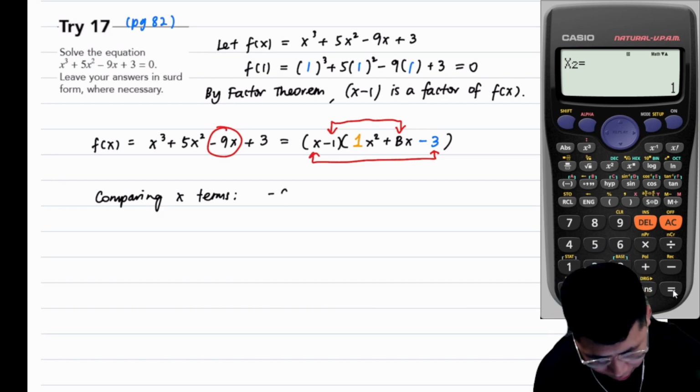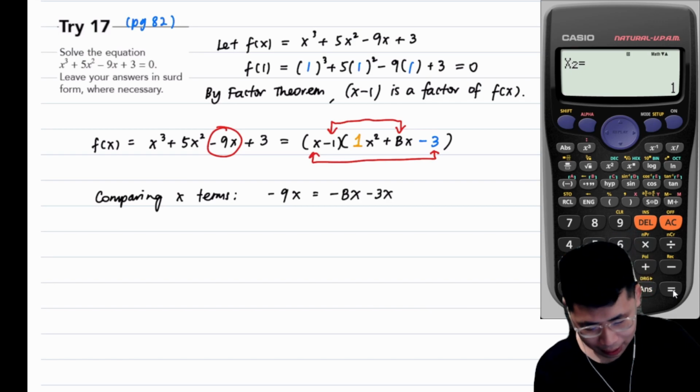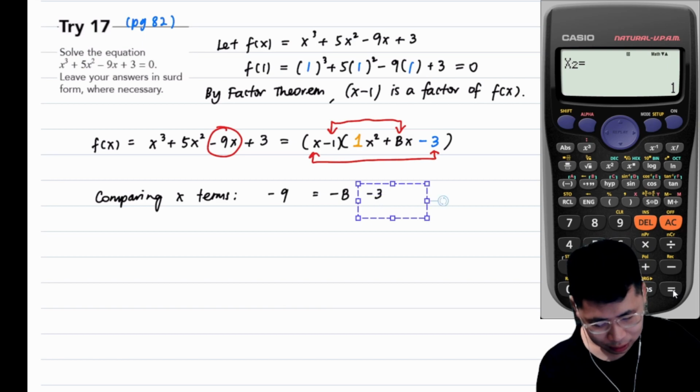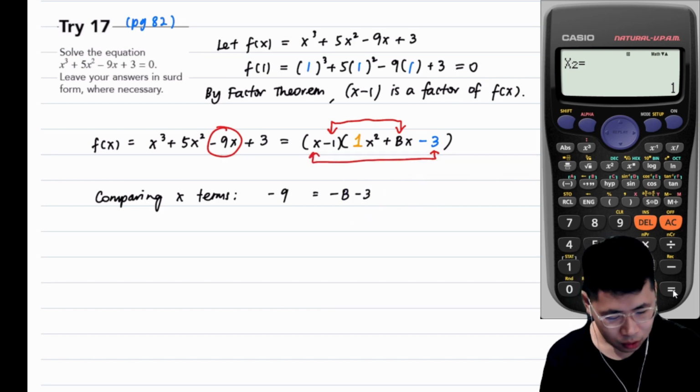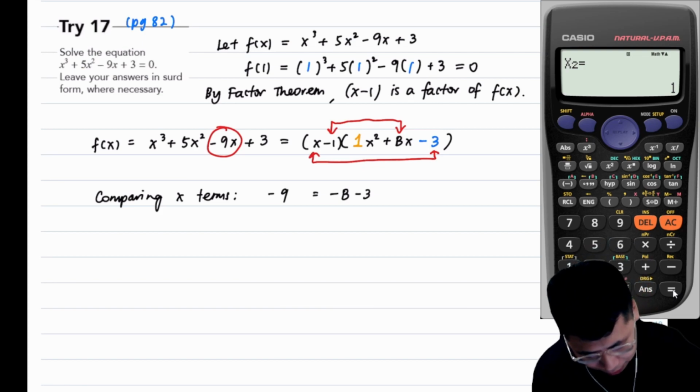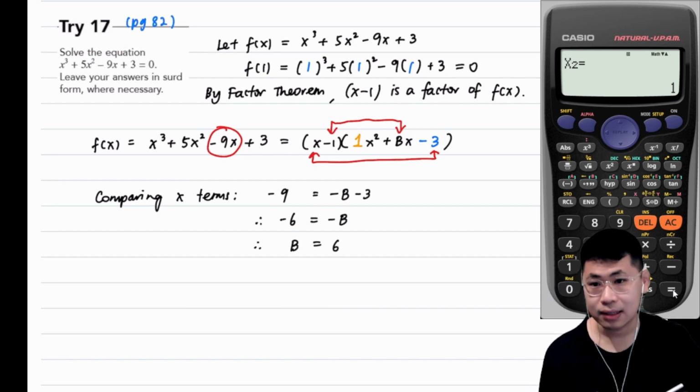On the right hand side will be negative bx and minus 3x, correct? Because all of them are x terms, I can just compare the coefficients. So negative 9 equals negative b minus 3. Last but not least, negative b is negative 6, so b is going to equal 6.